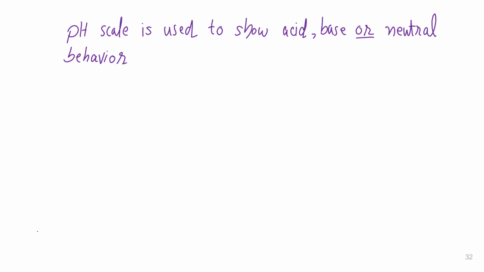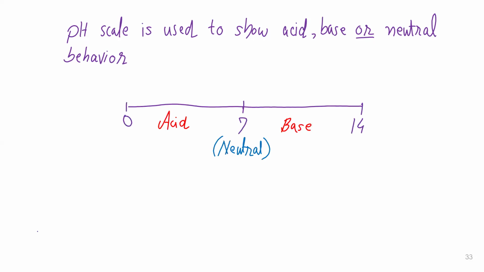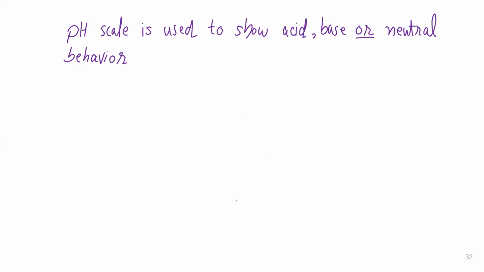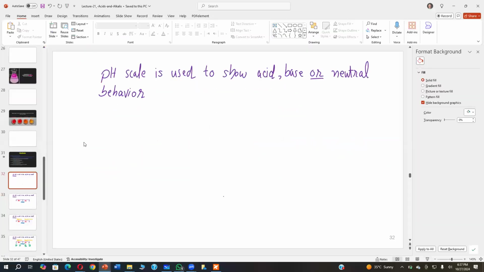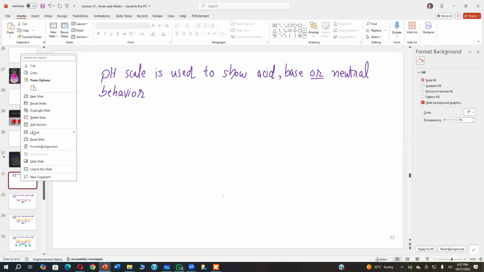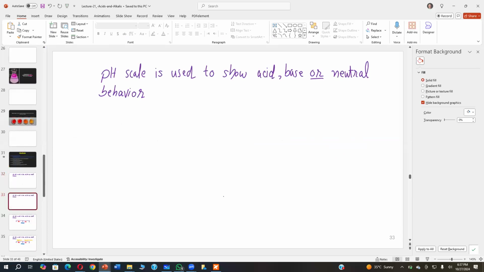Then why do we call it pH? The letter P means power and H means hydrogen ions. So actually pH means power of hydrogen ions. So you have given the heading pH, and you have to memorize that pH is actually a scale used to calibrate the acids.